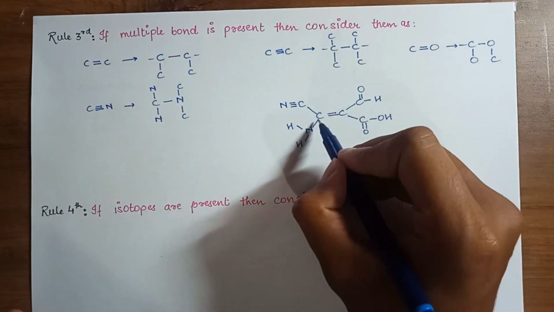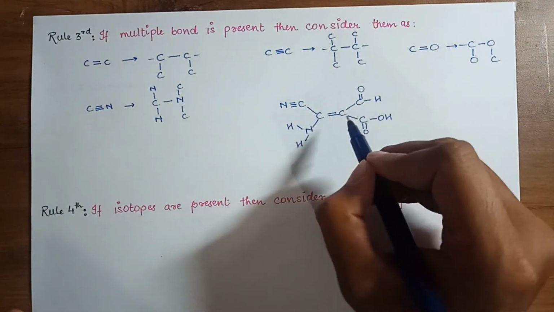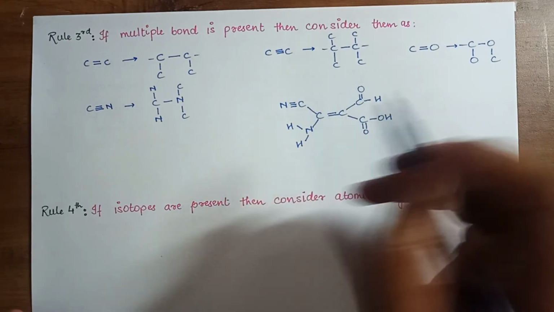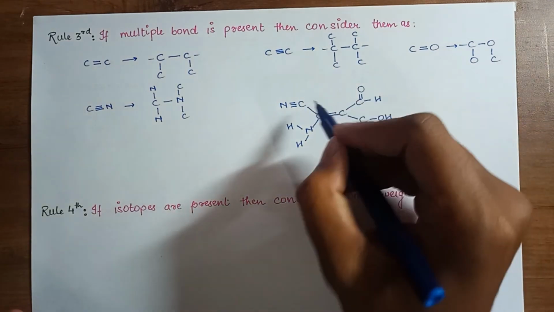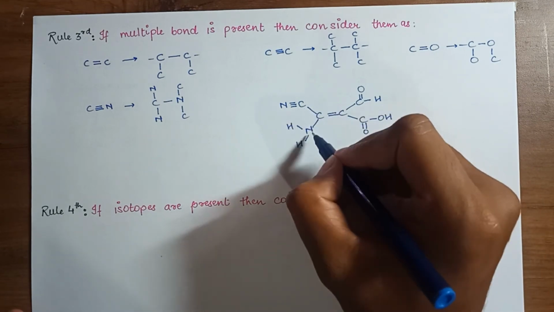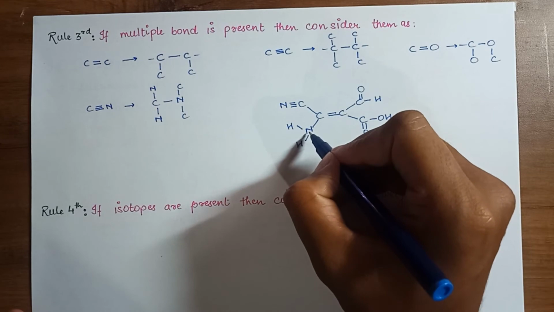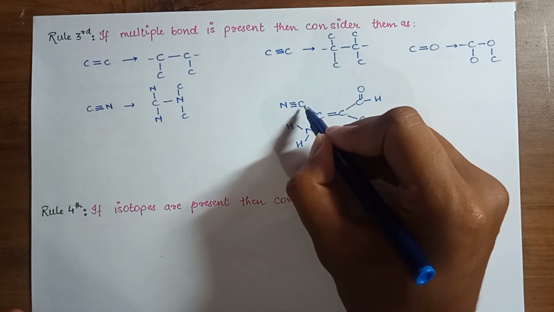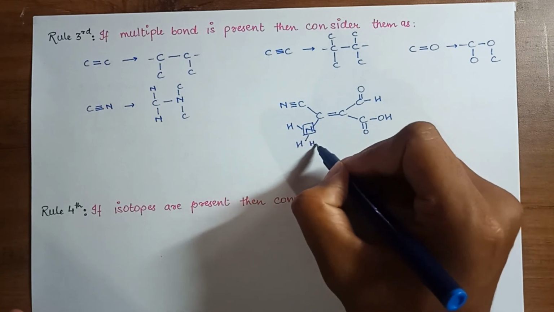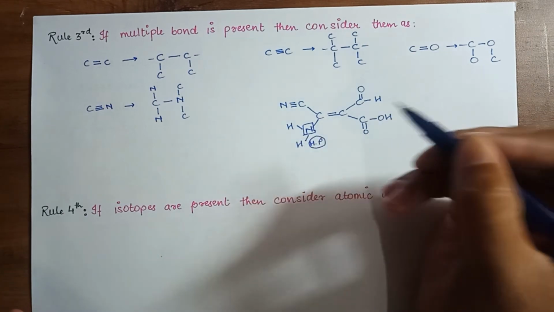Look at this carbon, two groups are different. Next, look at this carbon, two groups are different. So geometrical isomerism is possible. Next step, whether E or Z. So look at this carbon and the two groups. Your attached atom is carbon, your attached atom is nitrogen. So atomic number of nitrogen is 7, whereas atomic number of carbon is 6. So obviously, this will be my high priority group.